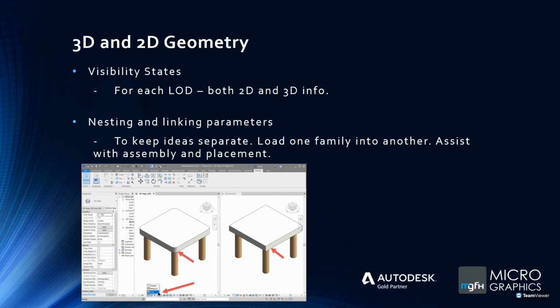It's called nesting. You nest one family into another, basically just loading it. That method of creation and assembly is very common in the industry, where you create parts first and you build up your assembly.